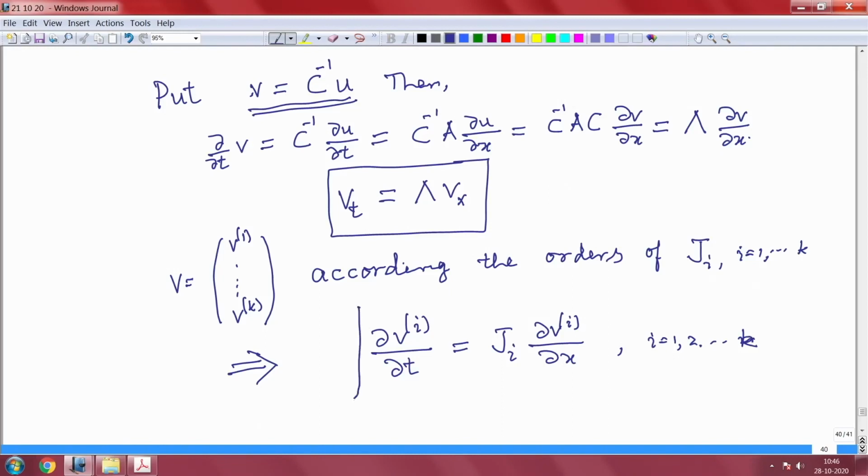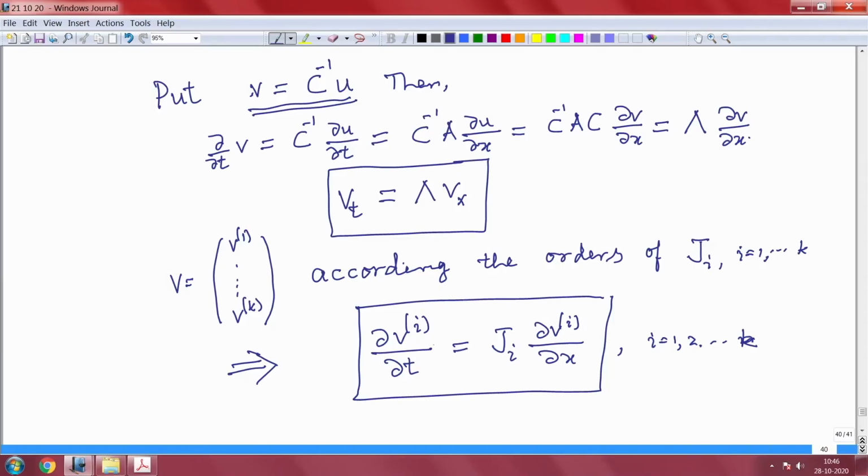So, in this way we have partially decoupled system 1 into a more or less diagonal one. So, if for example A is diagonalizable, then this lambda would be a diagonal matrix, and then this will be a completely decoupled system. Okay.